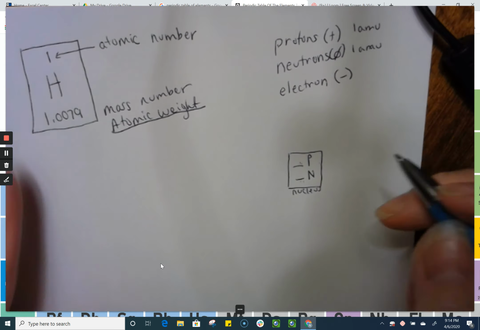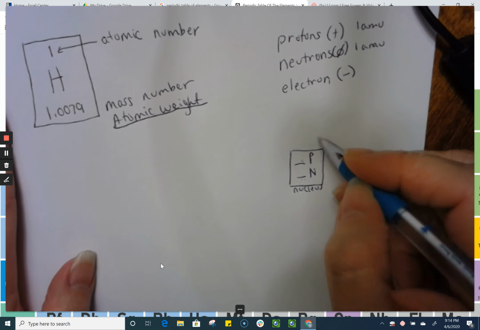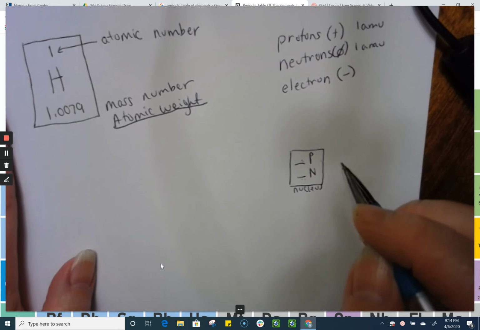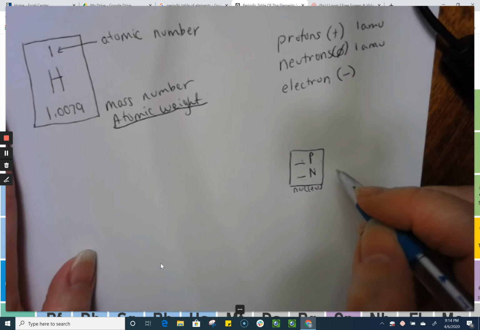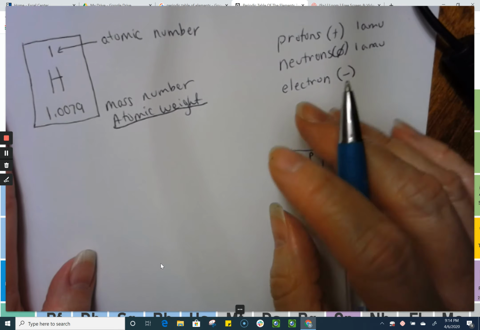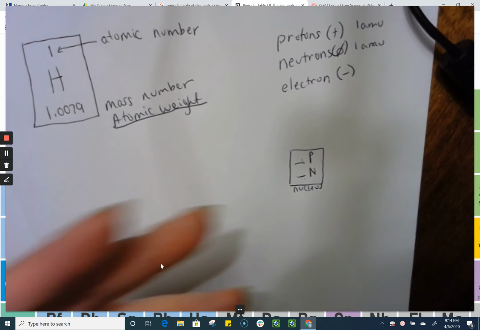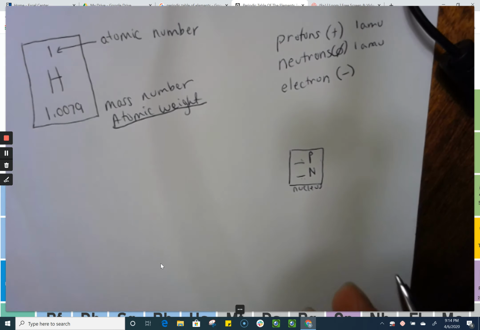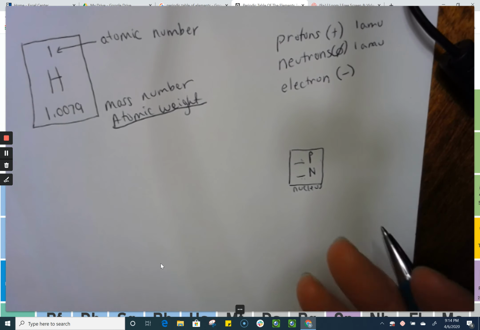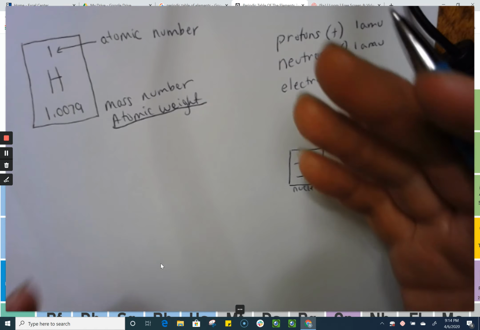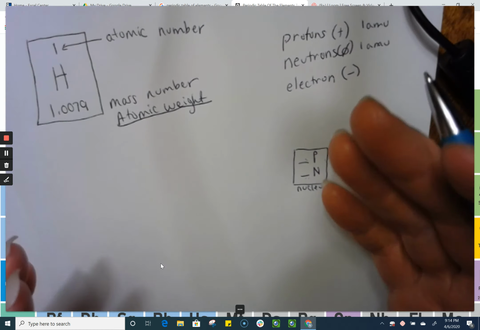Protons and neutrons go inside the nucleus, and then the electrons are orbiting around. And what I want you to realize is atoms are not flat pieces of paper like this. They're not flat. They're three-dimensional. The nucleus is kind of clustered together of particles, and they kind of form a sphere. And the electrons are orbiting around them, okay?